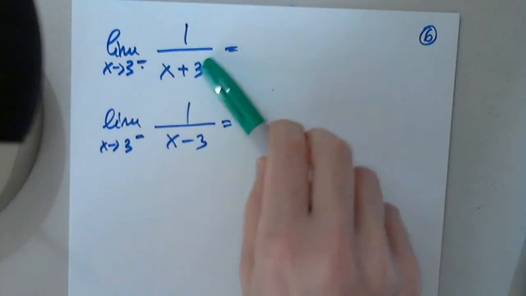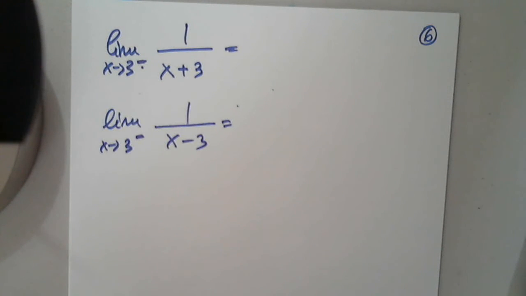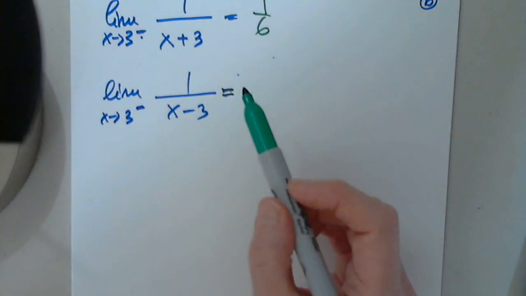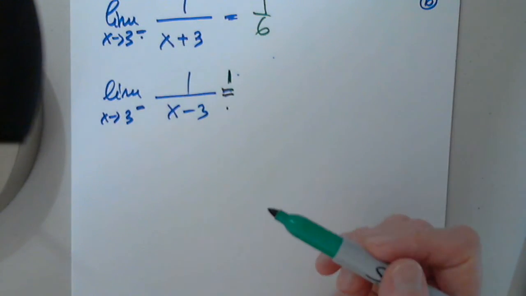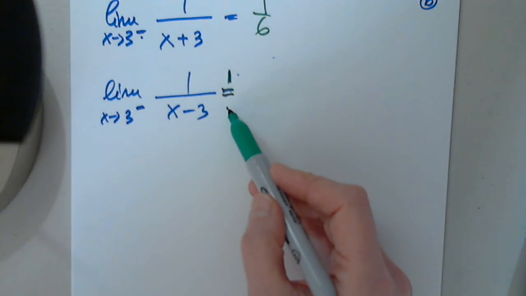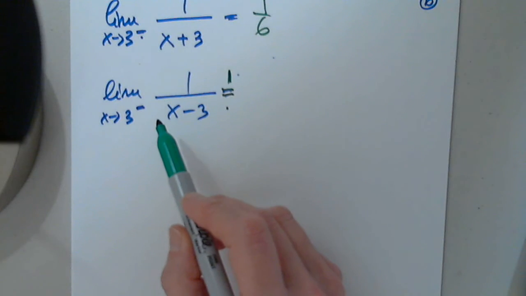What is the limit here? 1/6. Done. Very good. What will you say here?